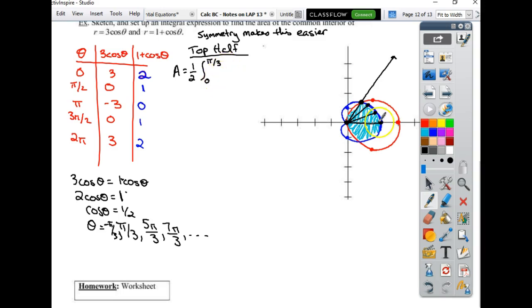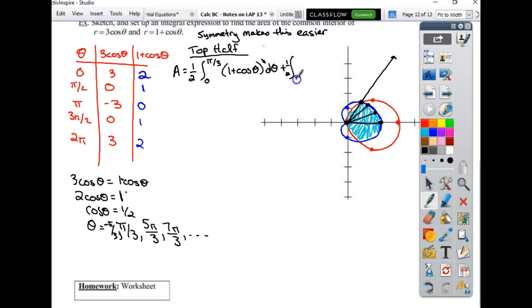So from 0 to pi thirds, that is going to be defined as the blue, which is which one? The 1 plus the cosine of theta or the 3 cosine of theta? That's the 1 plus the cosine of theta squared d theta. Then what do I have to do? This is an addition, because now I need to add on this last section, right? So I'm going to add to that 1/2 the integral from where to where?